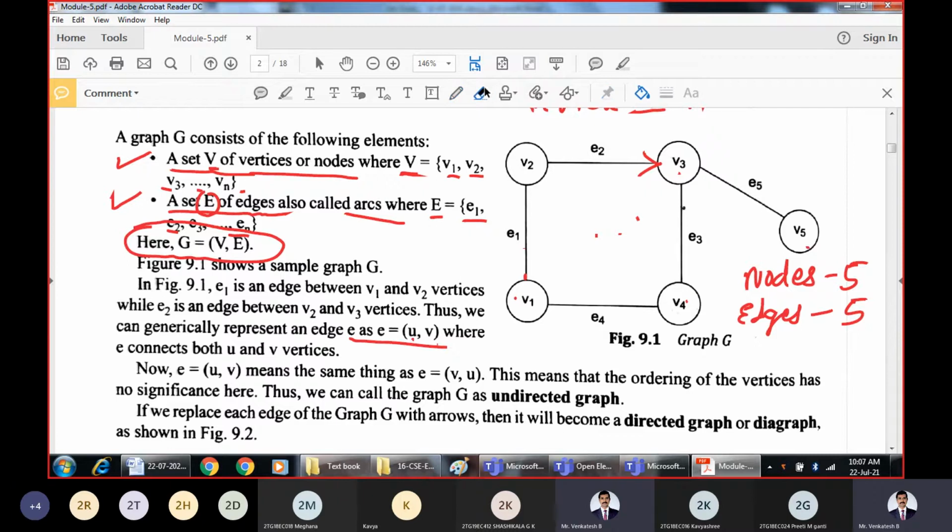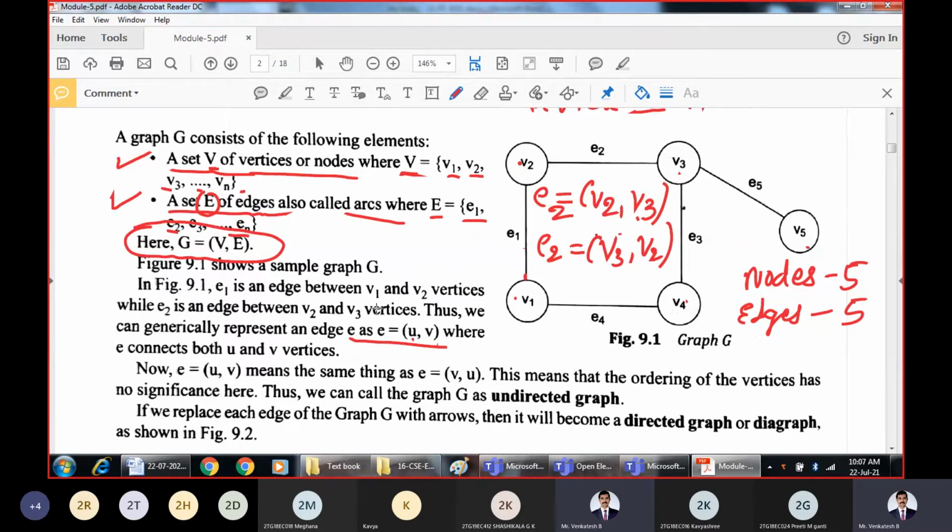But whatever graph we are studying, it is an undirected graph. Undirected means there is no direction. You are free to consider this edge as V2 to V3 as well as V3 to V2. That means E2 can denote the edge in both directions, either V2 comma V3, or edge 2 can also be V3 comma V2.